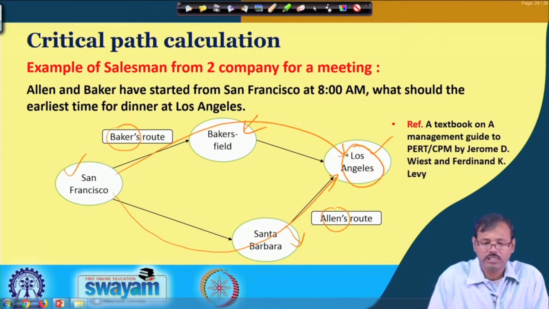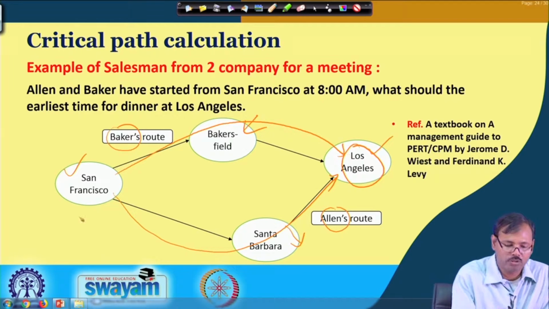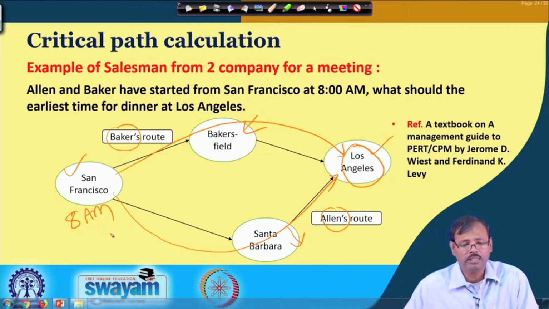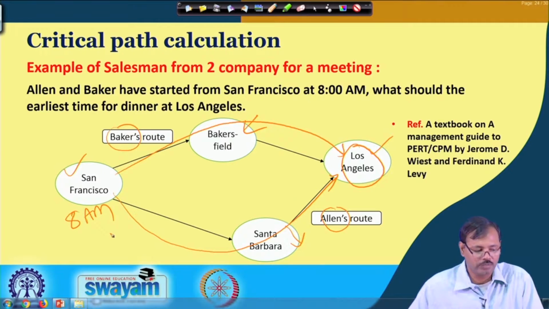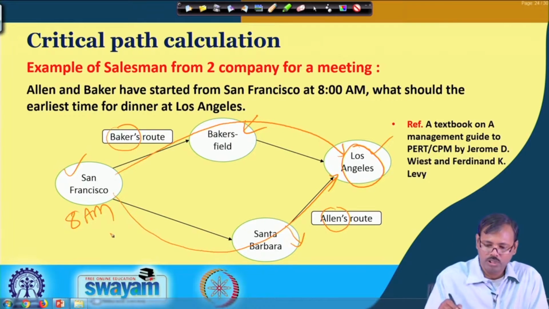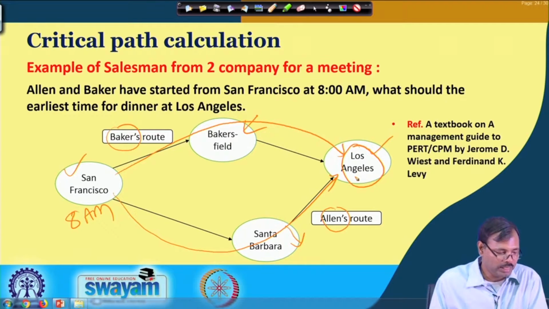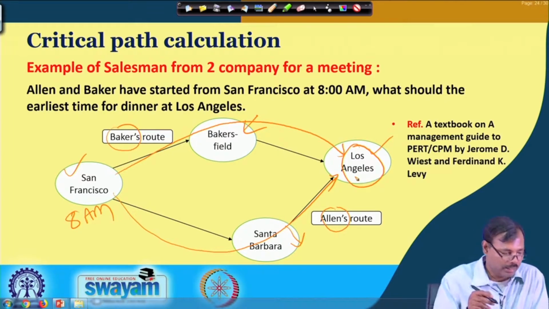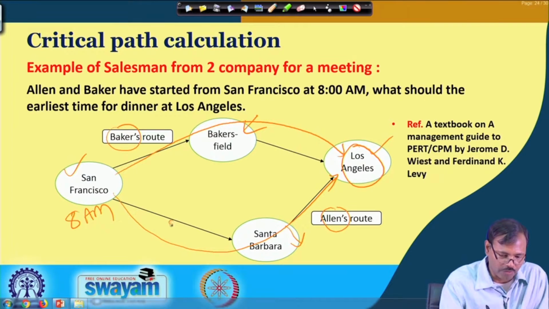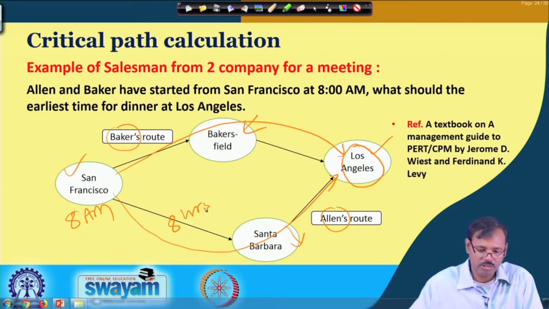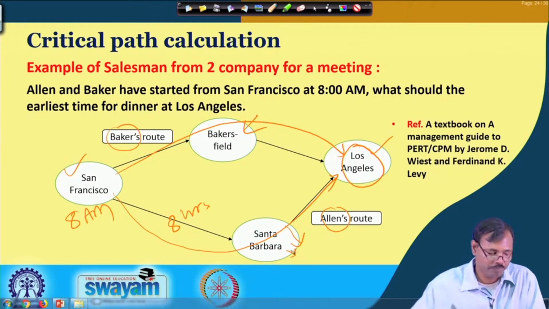So, consider they have started at San Francisco in the morning at 8 a.m. and are moving from San Francisco to Los Angeles, and consider that Allen requires 8 hours of driving to reach Santa Barbara.